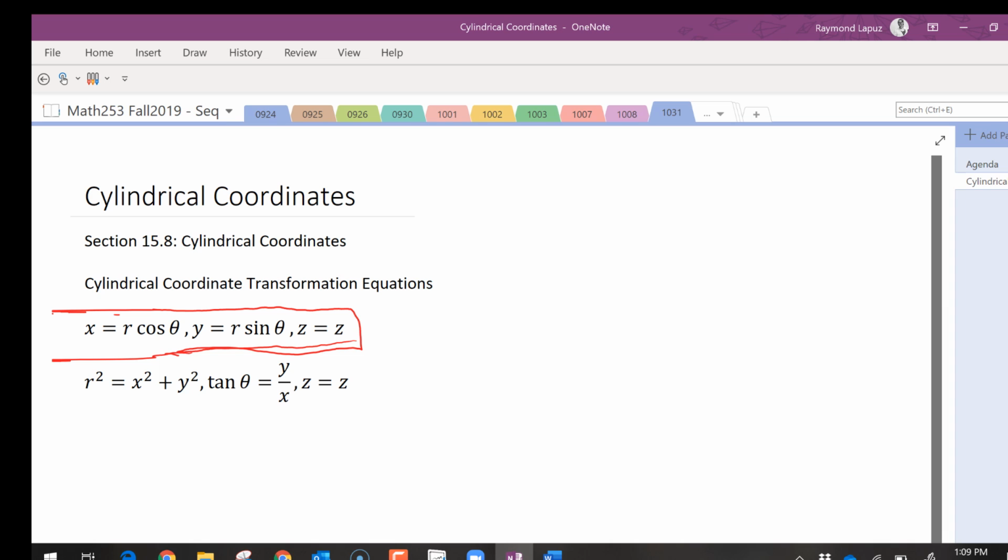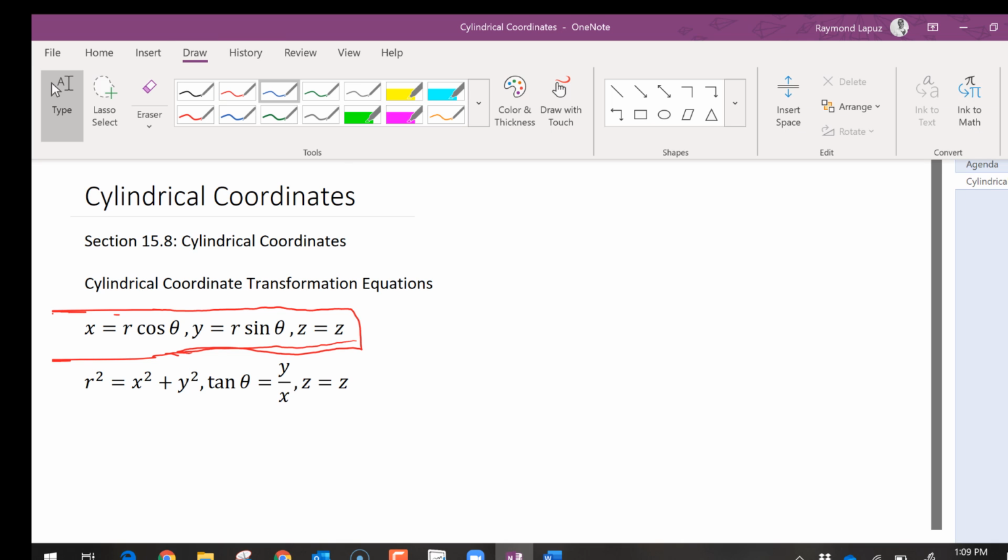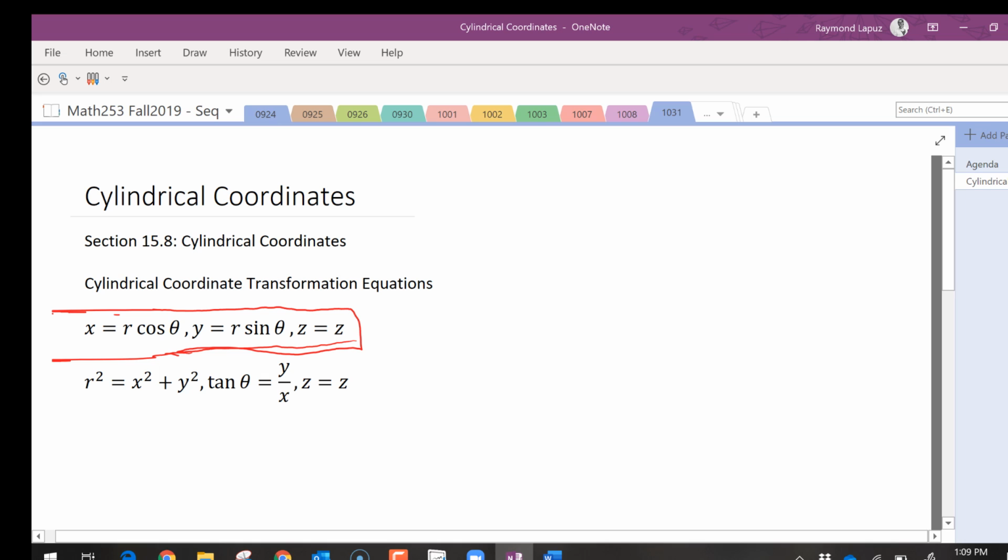So before we do an example of this, let's see how we're going to change our integrand, our limits of integration, and more importantly, the dV, what the Jacobian is going to be.